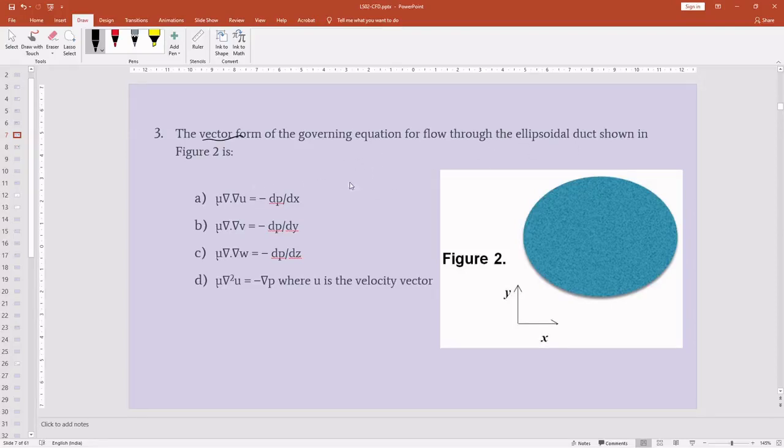Even if it is not given, the coordinate system is explicitly shown. You will have to notice the coordinate system and also the form of the governing equation. So the formulation will be the same as that of the first one. So what will be the answer?